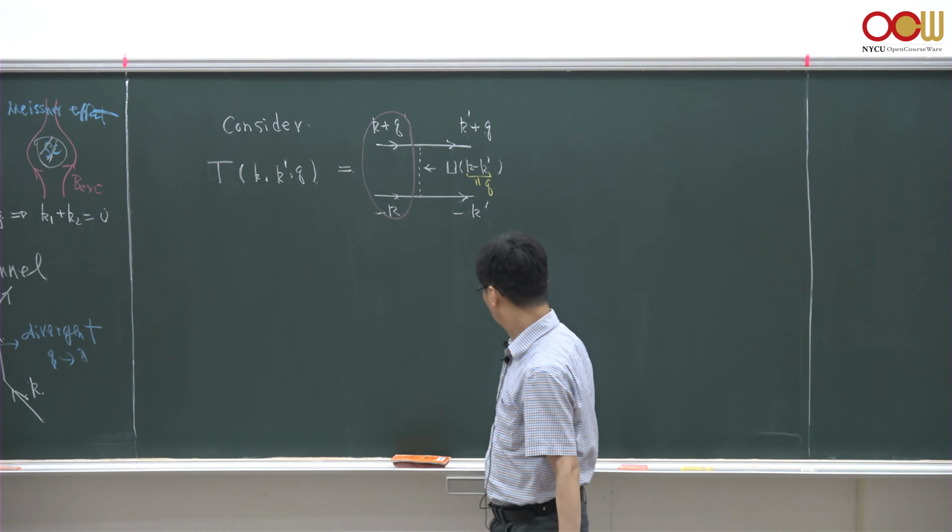It is also very important to make the point that destroying an electron carrying minus k is not the same thing as creating an electron with momentum in the other direction. In the second quantized field representation, this is c minus k, but this one is actually c dagger of k. So you don't simply reverse the direction of electron propagation and call it an electron-hole pair.